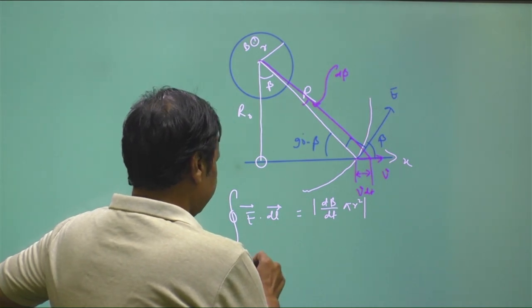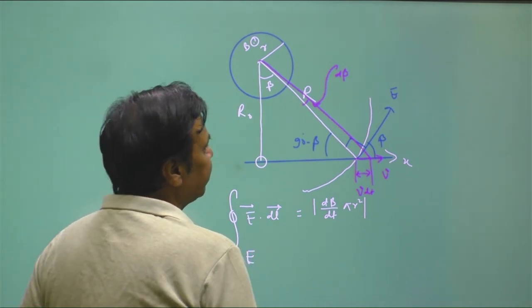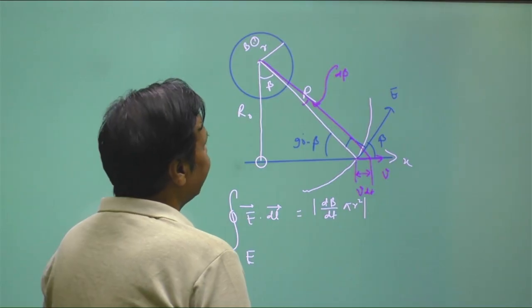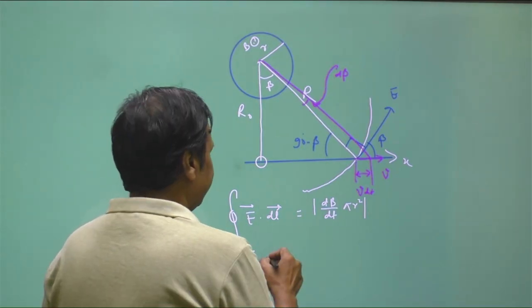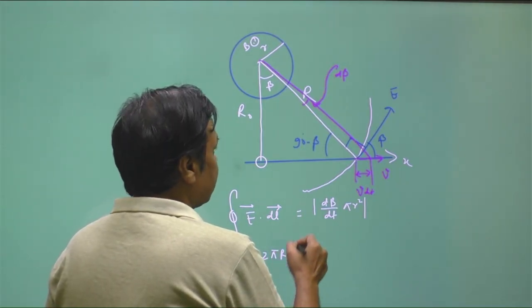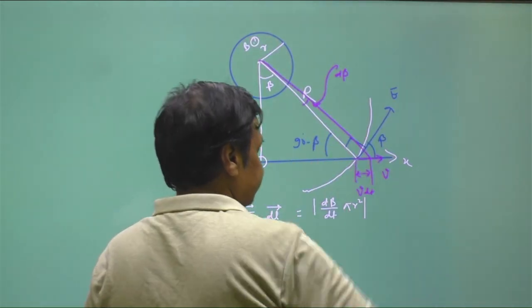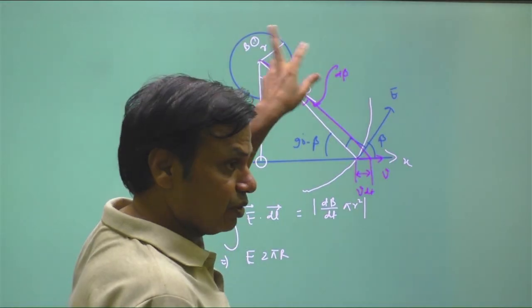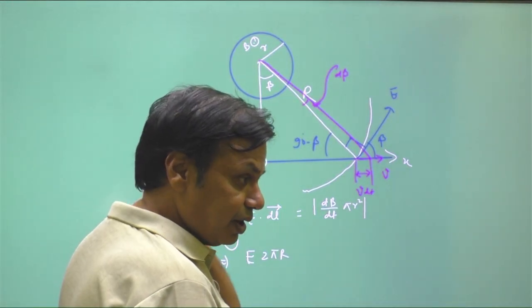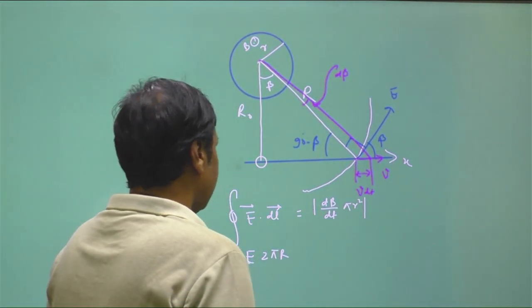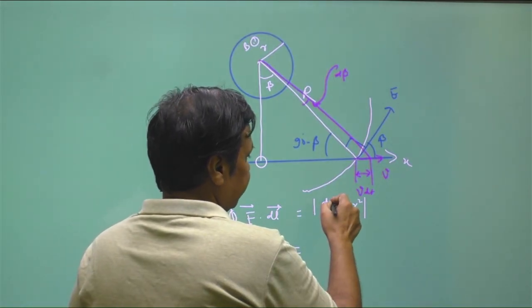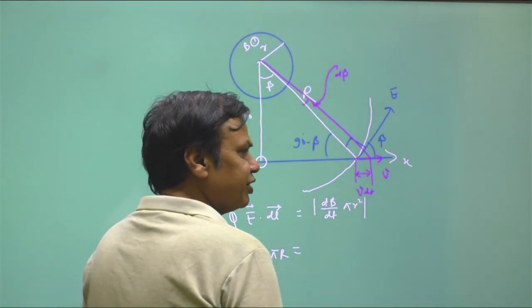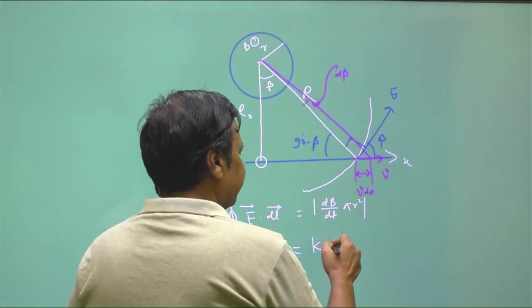So now this left hand side will be written as electric field multiplied by 2 pi r, where r is its radius. So the whole length of the circumference will be 2 pi r, and that will be dV by dt, which was minus k.